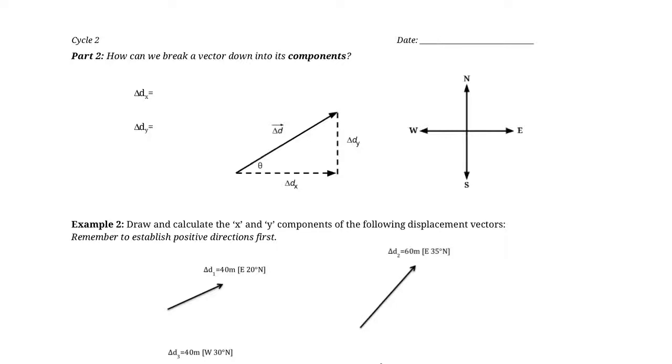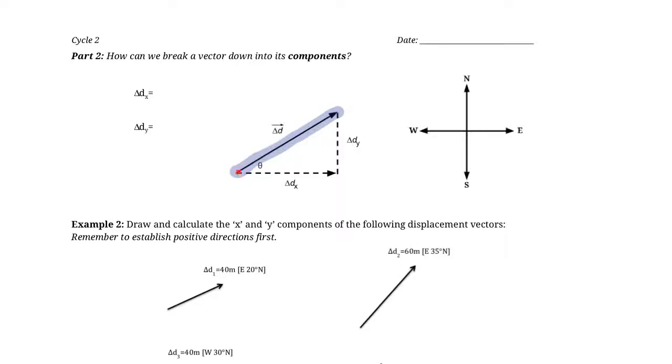So say we have a vector delta D right here. It's not a vector that goes north, south, east, or west. It's on an angle to one of those directions. Basically, we want to be able to find the part of that vector that goes in the x direction and the part that goes in the y direction.